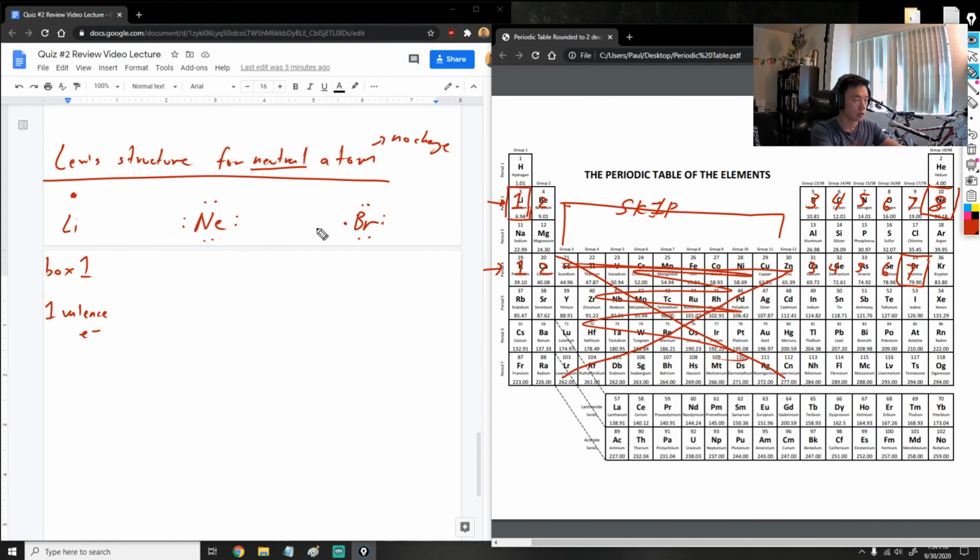Neon is box 8 in its row, so it has 8 valence electrons. And Br is box 7, so it's going to have 7 valence electrons. So just make sure you guys keep that in mind. Drawing the Lewis structures for neutral atoms is really, really easy and really simple. All you need to do is count boxes. The only thing you need to remember is that you skip this big section right here.